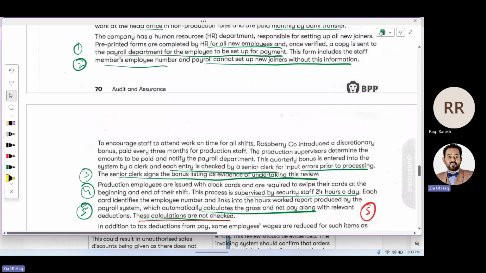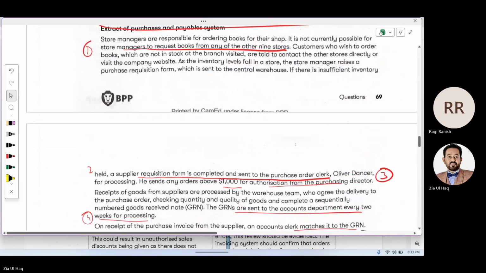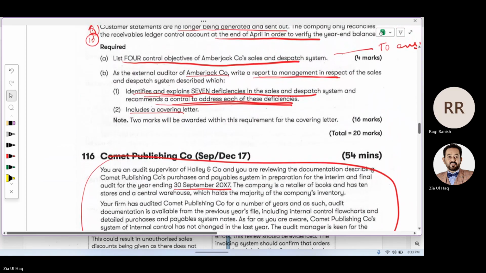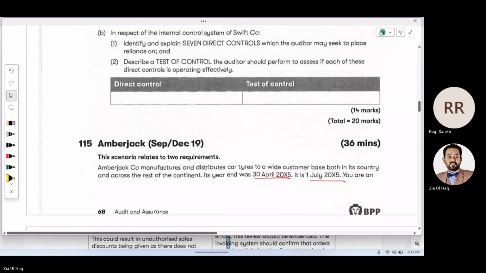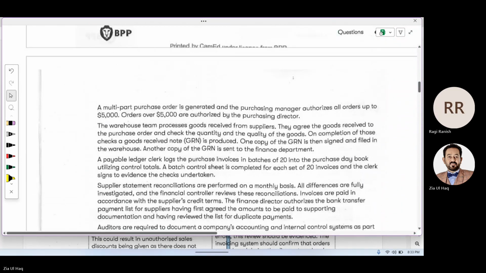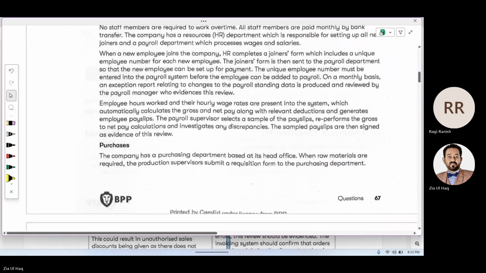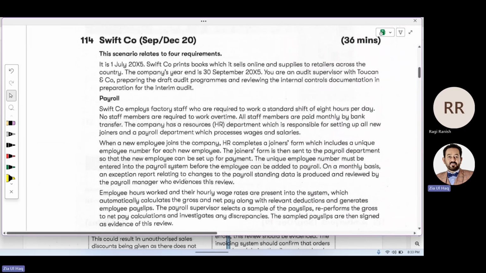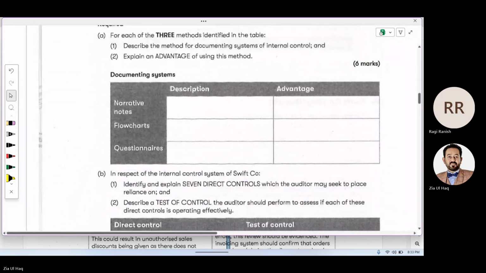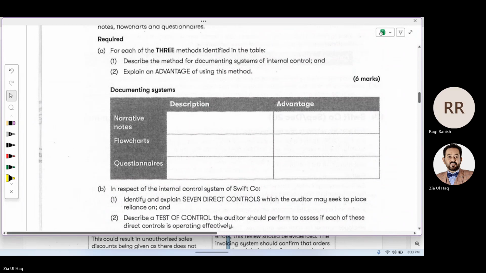Okay, let's move toward another question. Question 114. Requirement A, we haven't covered till now. We will cover it in the next chapter.